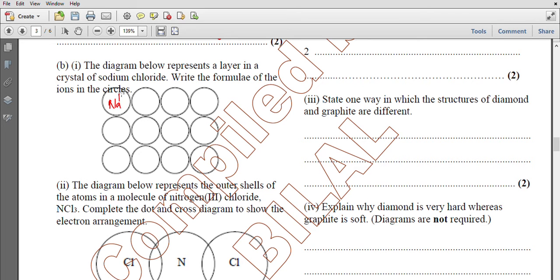If this is the sodium ion, then this should be the chloride ion, attracting the opposite charge ion, and we repeat this pattern. The opposite charges attract, the same charges repel, and in an ionic compound there is attraction between oppositely charged ions as we defined above.